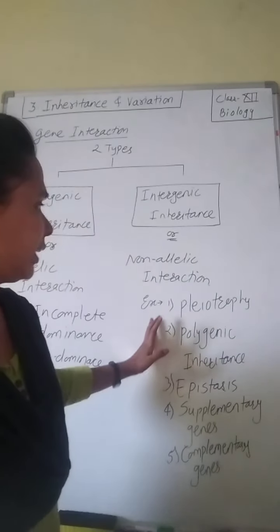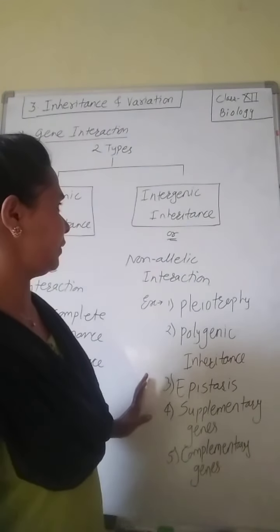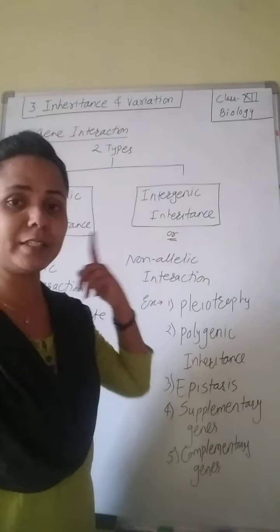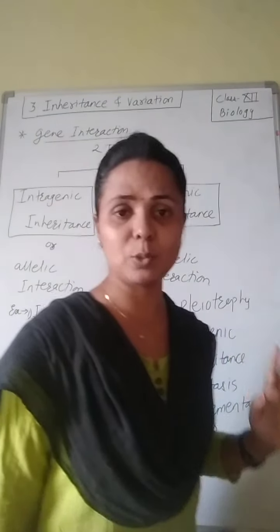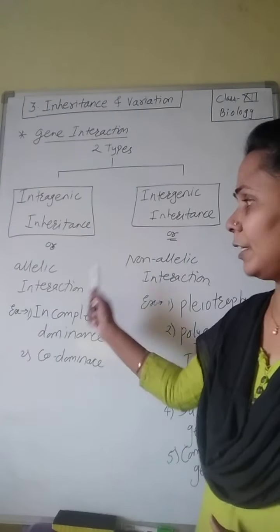There are many different examples we can observe while we learn intergenic inheritance, and codominance and incomplete dominance while we study allelic interaction.